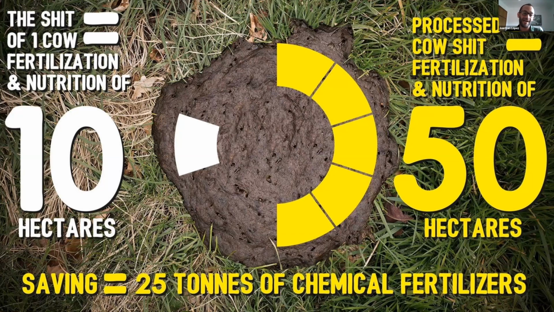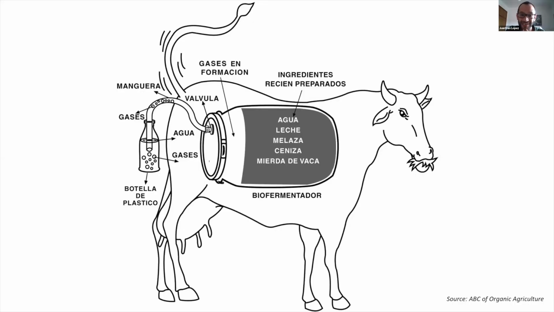Behind that, you can save 25 tons of chemical fertilizer on those 50 hectares in 1 year. So it's very interesting and very powerful. I always like this image, and the only thing that we have to do is ferment that cow manure. This image doesn't mean that you have to put a barrel inside the cow. So it's very visual how powerful cows are to use in agriculture.